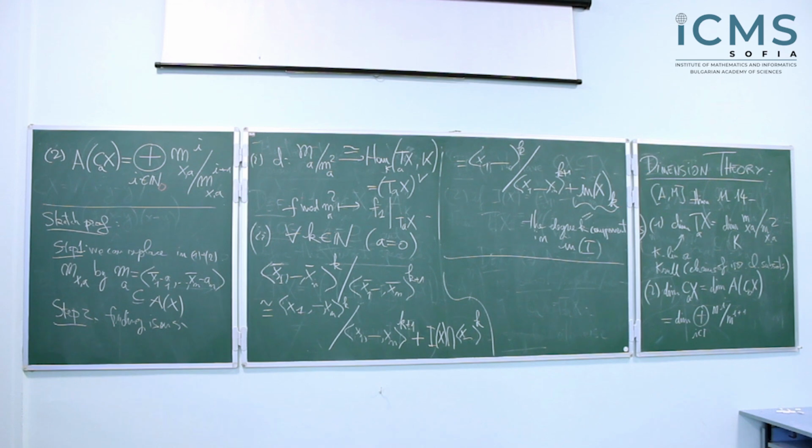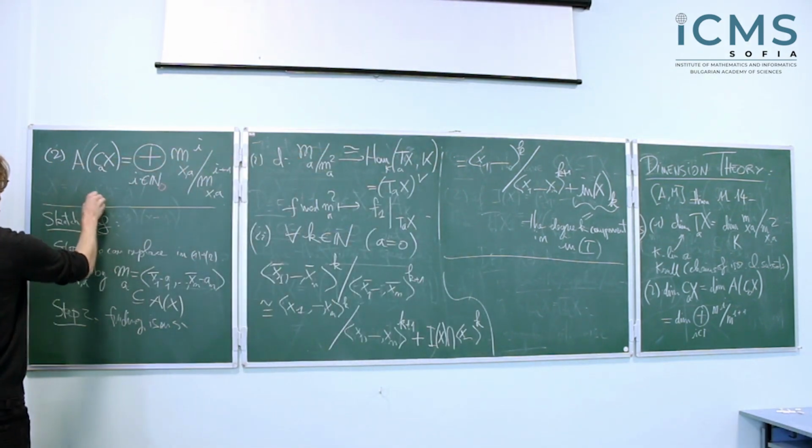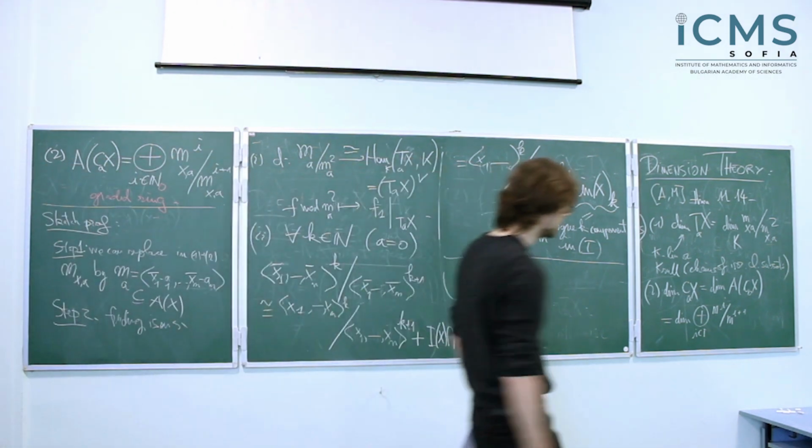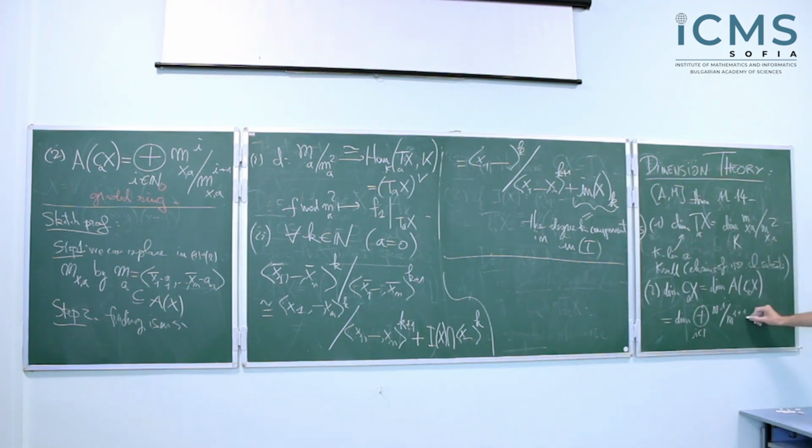We saw that this coordinate ring is isomorphic to this direct sum, which is actually a graded ring. This is called a graded ring. And the dimension of graded rings that come from a local ring is also equal to the dimension of the local ring itself, which comes from this theorem here.